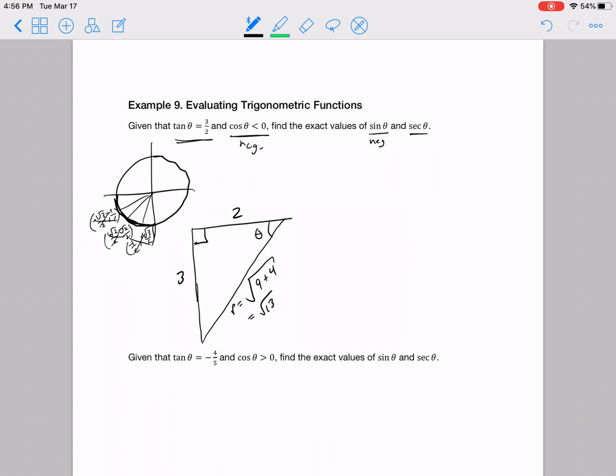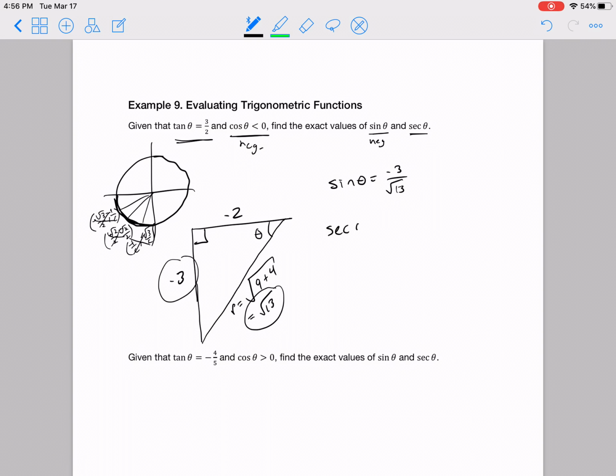That means that we can now have all three sides, and we can build our sine and cosine from it. So actually this would be -2 and -3. So sine of theta, remember, this is the opposite side, the -3, over the hypotenuse. So this is going to be -3 over the square root of 13. And there's our sine value.